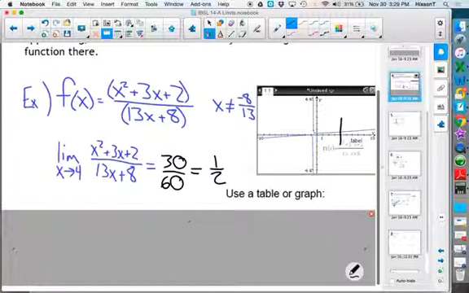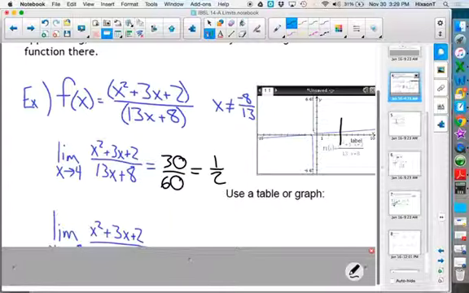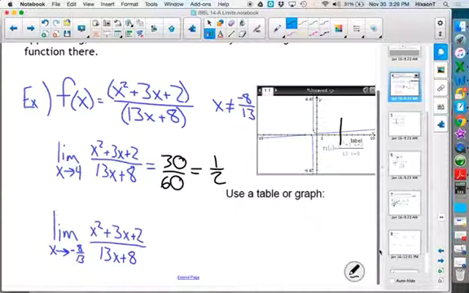If, however, I was asked to find the limit as x approached negative 8/13, I see, wait, it's not defined at negative 8/13, so I need to figure out a different way of finding the limit.